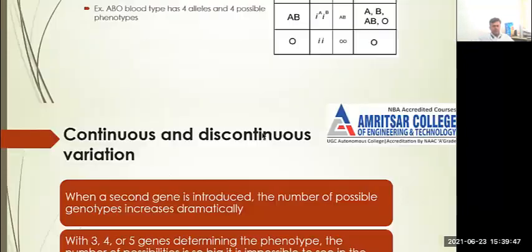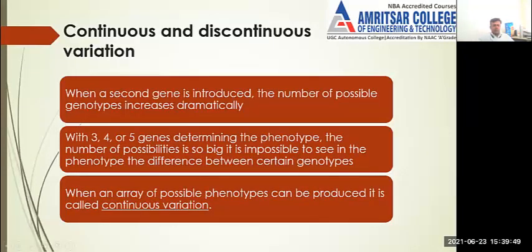Hello. So when a second gene is there, then the number of possibilities is more. Okay. And suppose if phenotype is there, hello, I am audible to all of you? Sir, is the voice clear now?